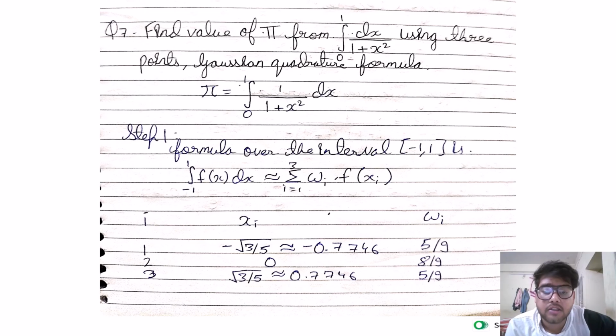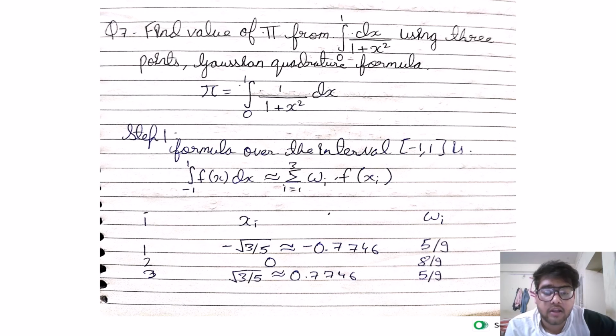The formula is the integration of f of x dx from -1 to 1, which is approximately equal to the summation of wi f(xi), in which i is equal to 1 to 3.